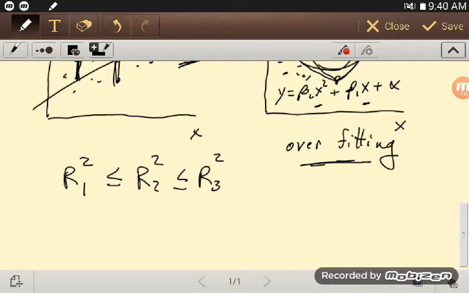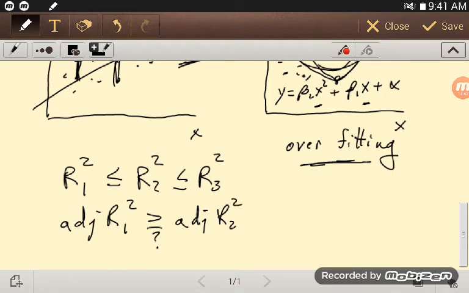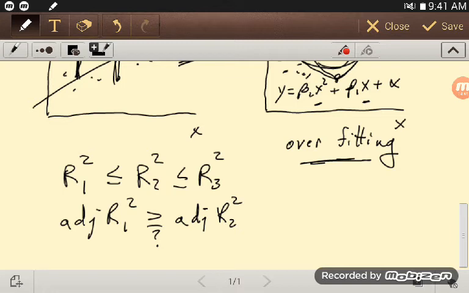But it could be that the adjusted R squared of one variable actually can be bigger. It doesn't have to be. Okay, so I'm going to put a question mark under that. But it can be bigger than the adjusted R squared of two variables because of that k that we put in there.